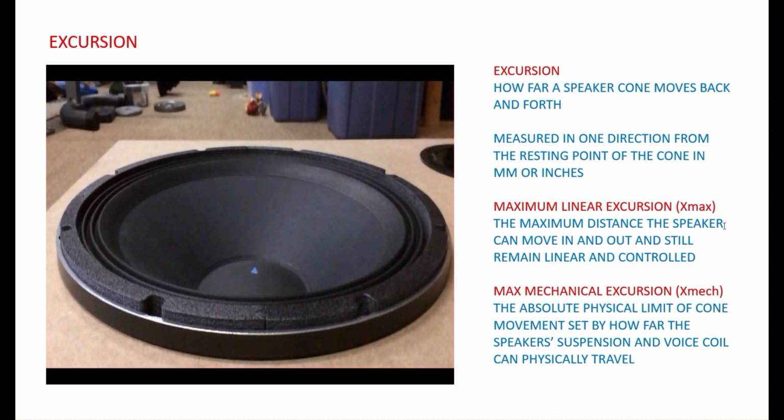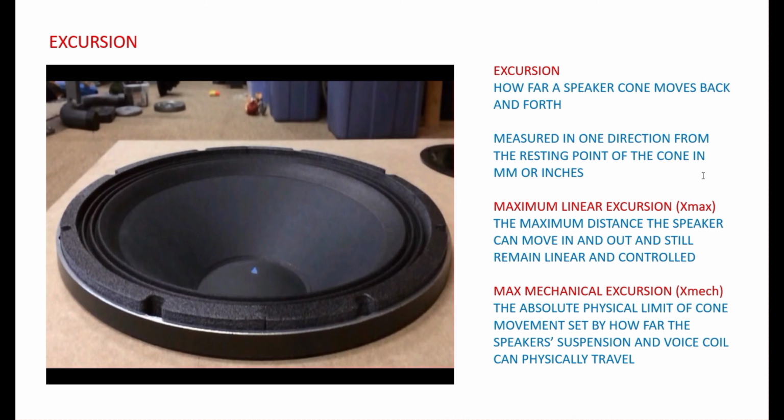And you've probably heard of Xmax before. It's a very common parameter in car audio, but it's largely misunderstood. So what is Xmax? Well, Xmax is the maximum distance that a speaker can move in and out but still remain linear and controlled and play without distortion. Now, the reason Xmax is so interesting is because Xmax is related to how much air the speaker can move.